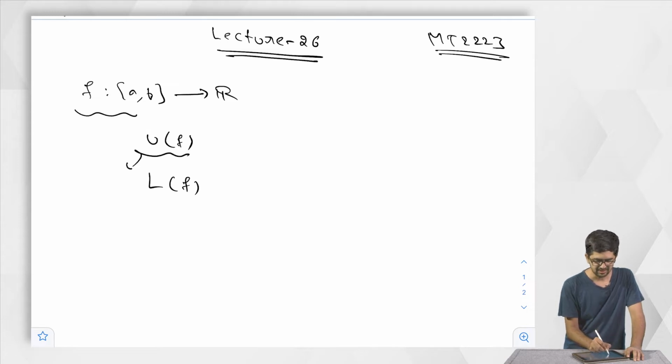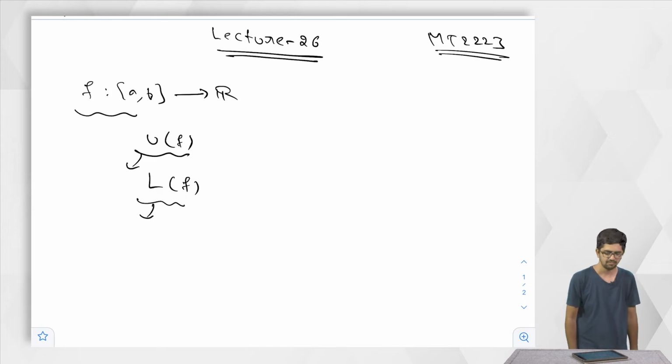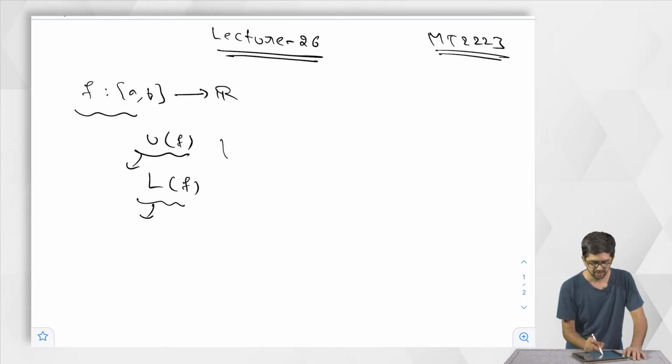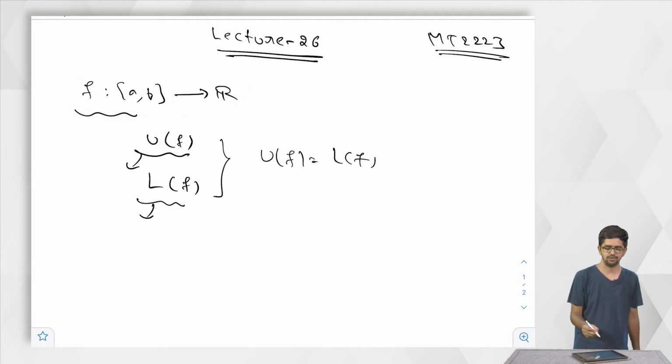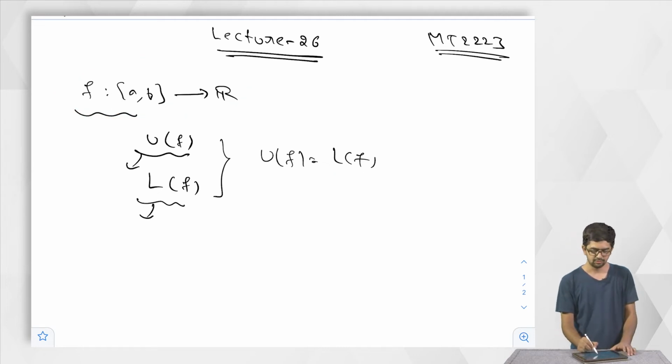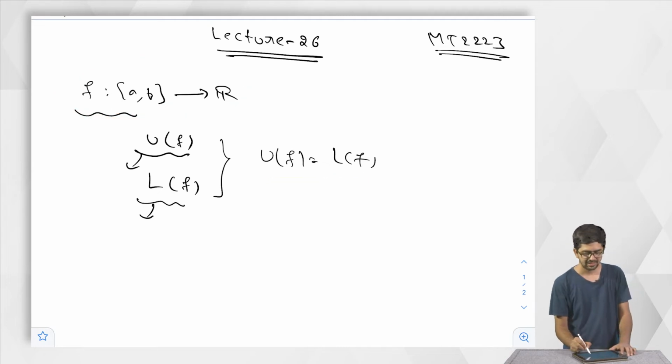This we have called the upper Darboux sum, this we have called the lower Darboux sum. Then we have said if these two are the same, U(f) is equal to L(f), then we said f is integrable on [a, b], and this common value is what we are calling the integral of f on [a, b], which we are denoting by this symbol.